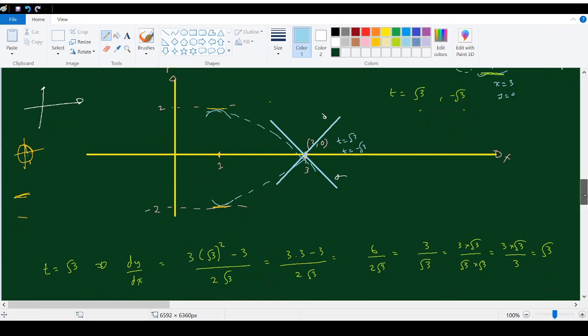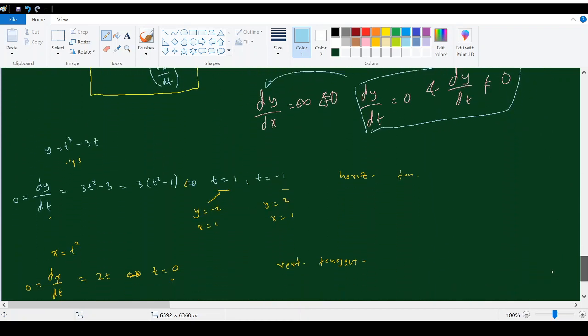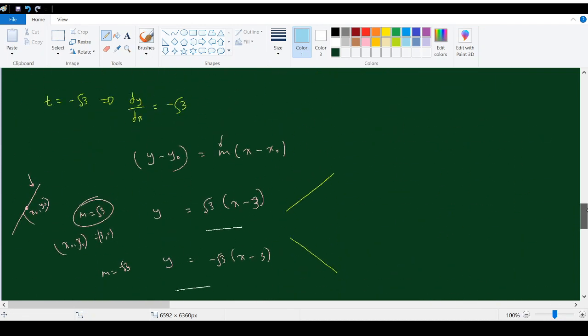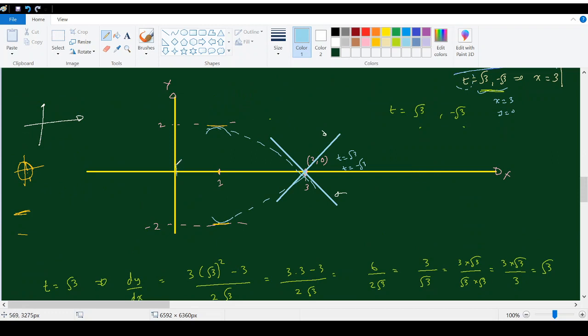And also we know that at t equals 0, that means the x value is 0 and the y value is also 0, we should have a vertical tangent, right? So at the 0, 0 point we need a vertical line. So here the tangent should be vertical. That means we can get a curve like this, right?